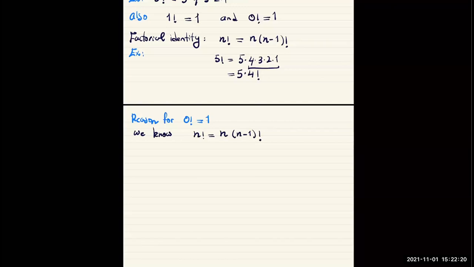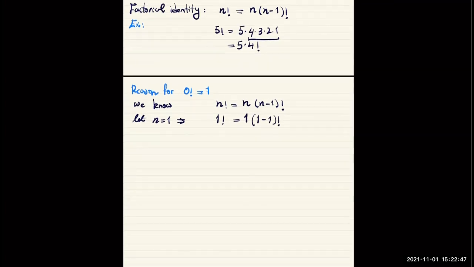Okay, and you can plug in whatever you want as long as n is a natural number or a whole number that's non-negative. Plug 1 into this identity. Let n equal to 1. We're going to get 1 factorial equal to 1 times 1 minus 1 factorial.